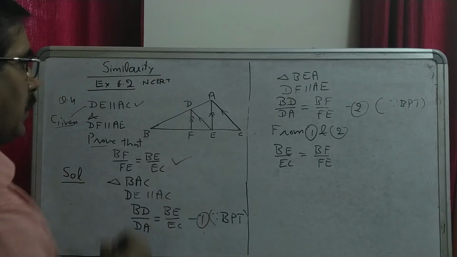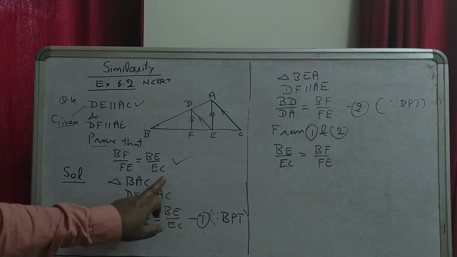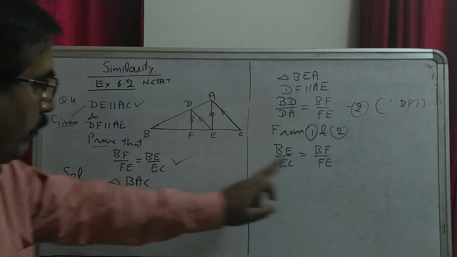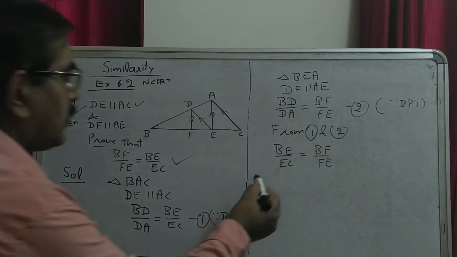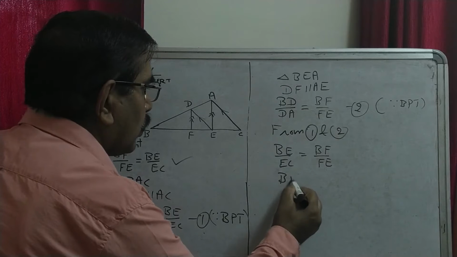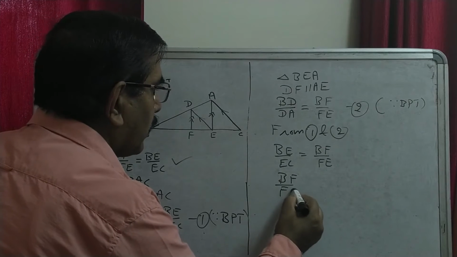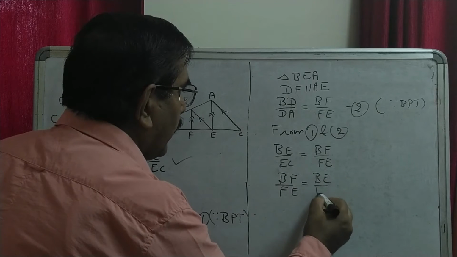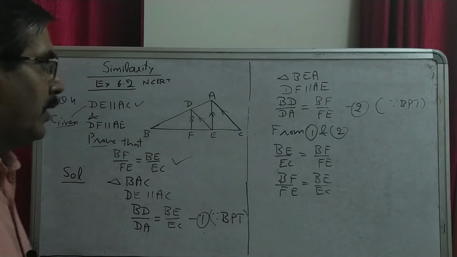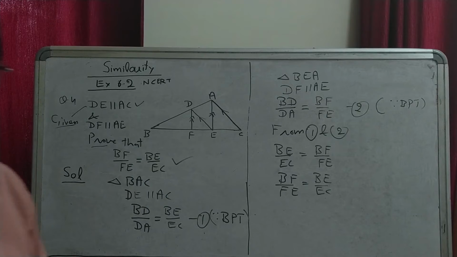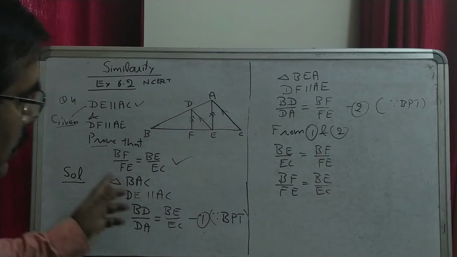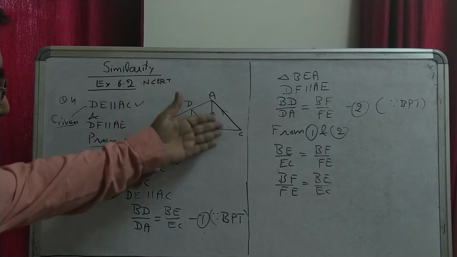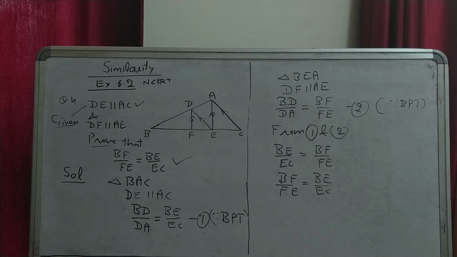See, this is the result. You can write it like this also, no problem: BF over FE is equal to BE over EC. So children, this is your question number 4. Quite easy. Have you understood? We can directly apply these results of BPT and we get the answer.